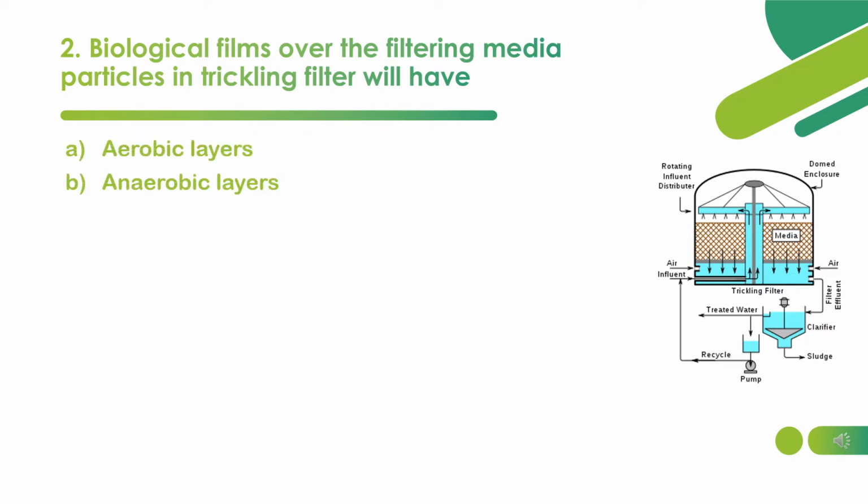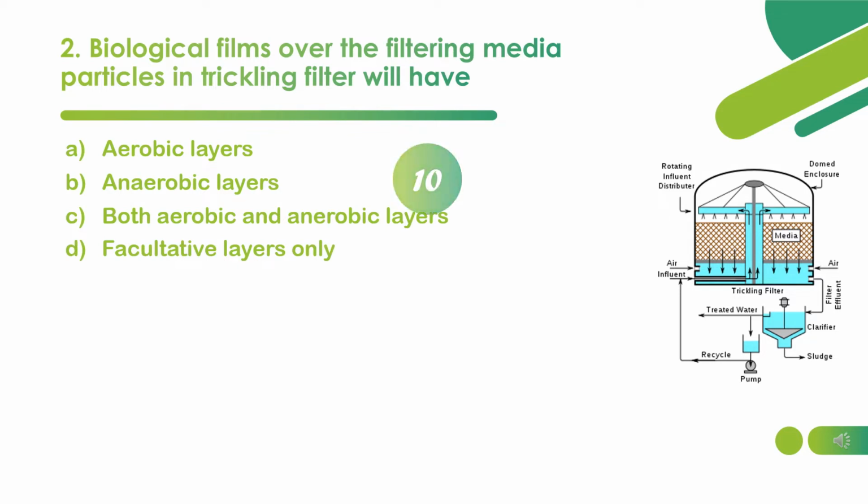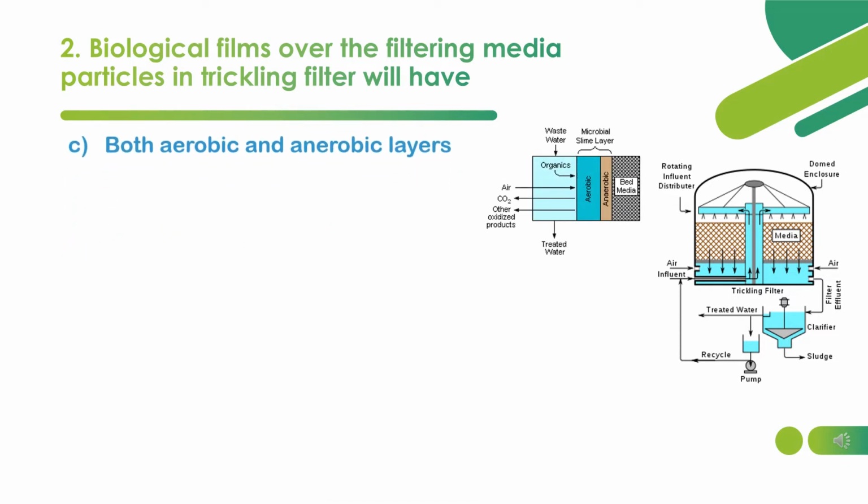Aerobic or anaerobic, or both anaerobic and aerobic, or facultative layer. So what will be the nature of layers formed over the filtering media by the biological films? So the biological films have both aerobic and anaerobic layers.